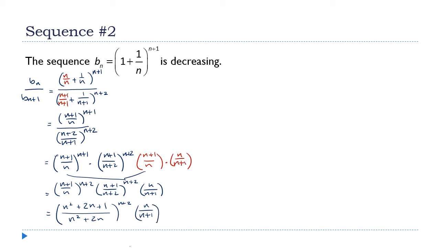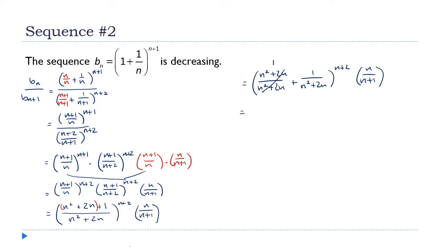Now, I'm going to split them, just like I did before, right? You notice I've got this n squared plus 2n on the top here. So I'm going to split this that way. I'm going to make this ((n squared plus 2n) over (n squared plus 2n) plus 1 over (n squared plus 2n)) to the n plus 2 times n over (n plus 1). This piece here is just 1.